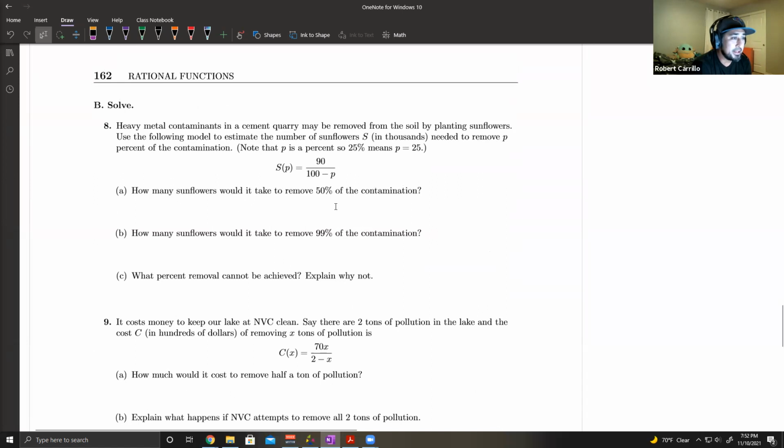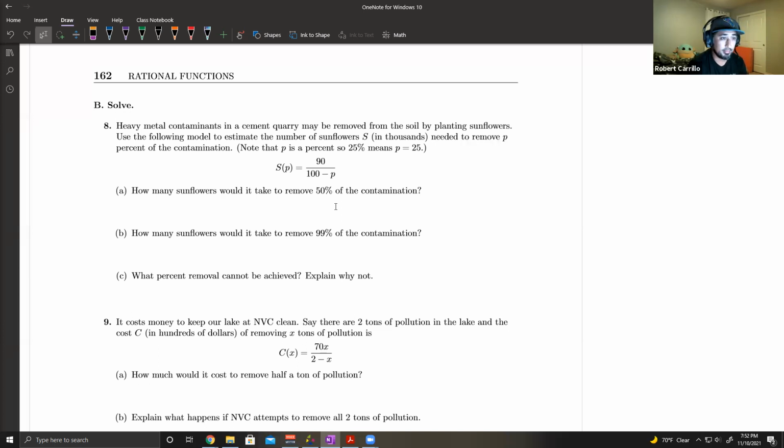Applications with rational functions. Heavy metal contaminants in a cement quarry may be removed from the soil by planting sunflowers. Use the following model to estimate the number of sunflowers in thousands needed to remove P% of the contamination. Note that P is a percent, so 25% means P equals 25.